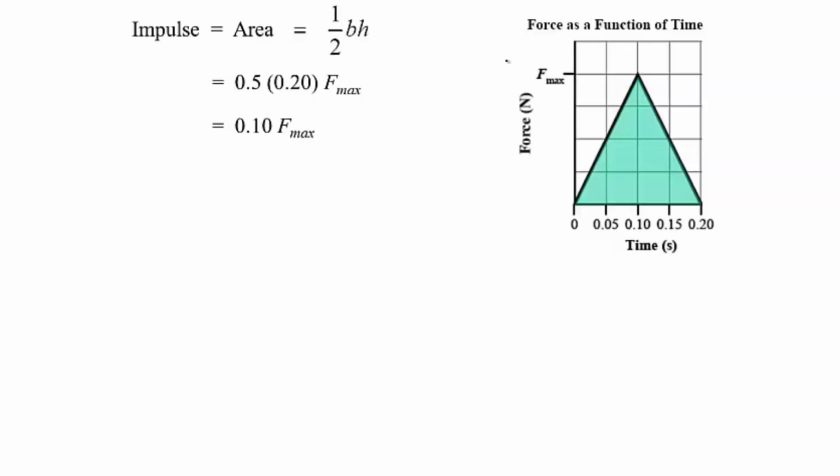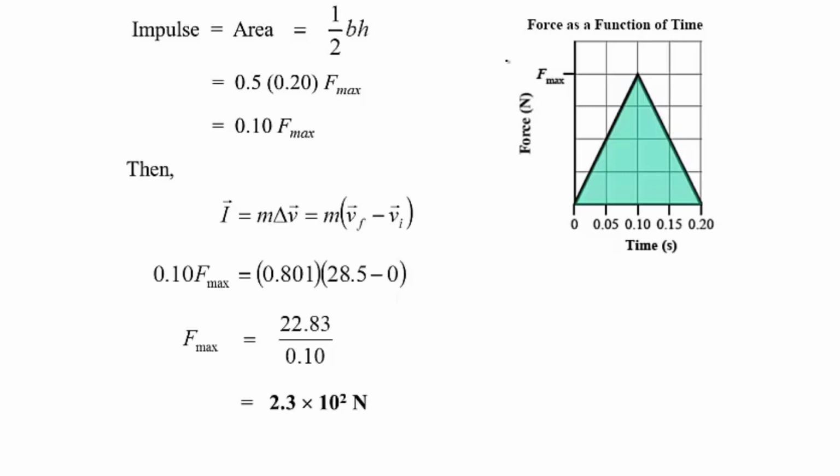Okay, so the area, remember, is equal to the impulse. So 1/2 base times height. So 1/2 expressed as 0.5, the base, 0.20 seconds, times the maximum force. So 0.5 times 0.2 is 0.1 times the maximum force.